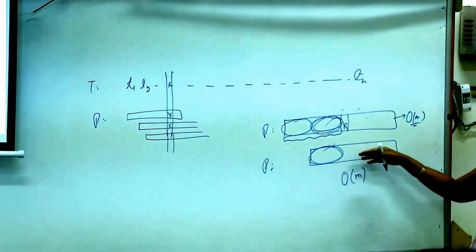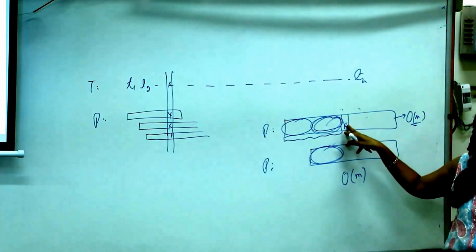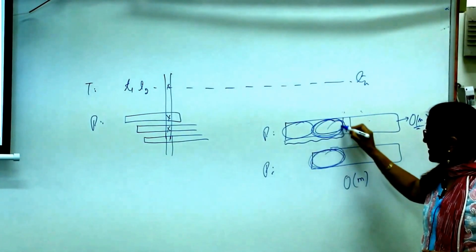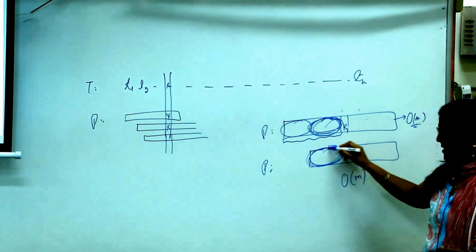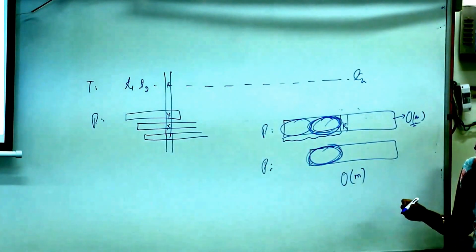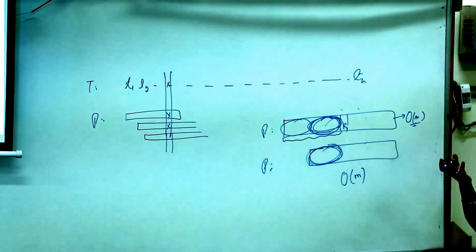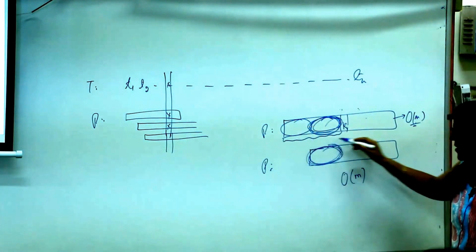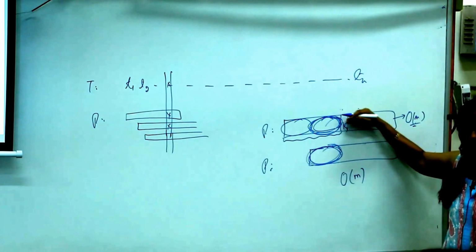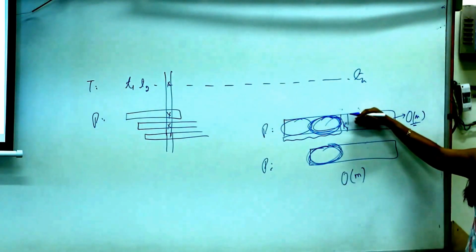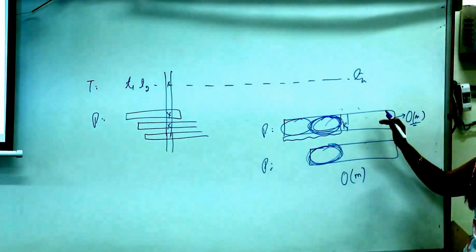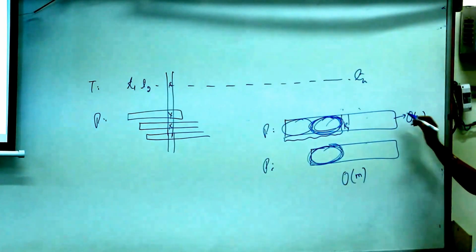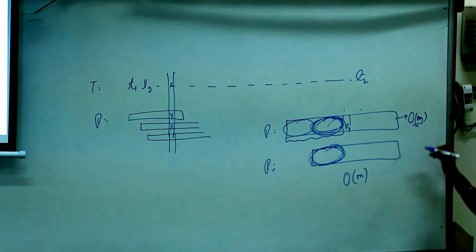Now we will place a copy of the pattern on the pattern itself, so that this is aligned with this. It's a similar kind of thing, and what earlier we did in order n comparisons, we will be able to do in order of the length of this above string. This string is now kind of playing the role of t here. So this can be computed in order m time.